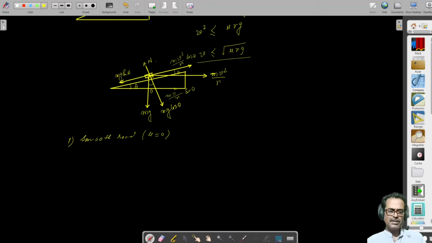This should be balanced by this. mg sin theta should be equal to mv square by r cos theta. So tan theta is equal to v square by rg. Okay.